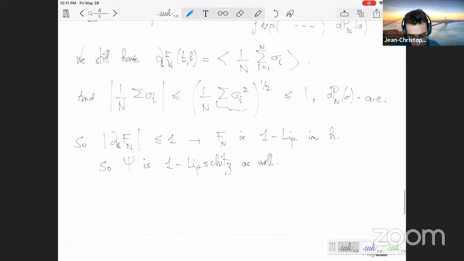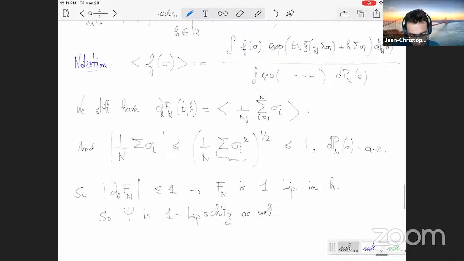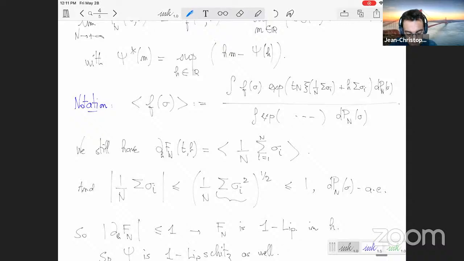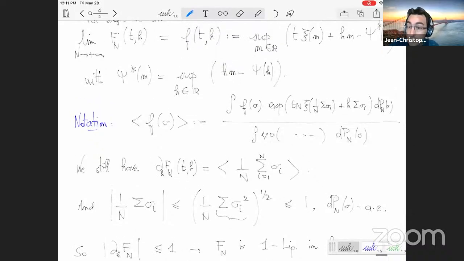Okay. So because psi is 1-Lipschitz, it's clear that psi star will be infinite whenever m is outside of the interval [-1,1]. Because psi of h can only increase at most as fast as h.